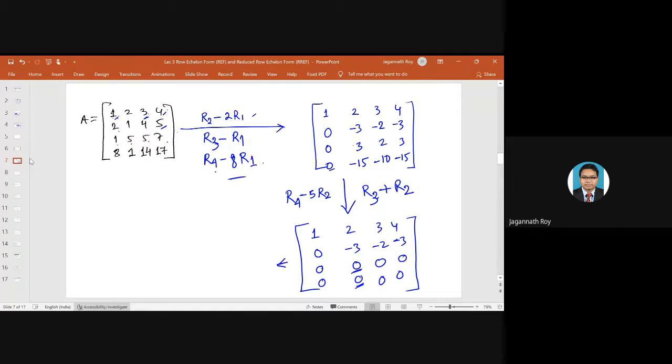So this is also in REF. And the rank of A is 2 because only 2 non-zero rows are there.